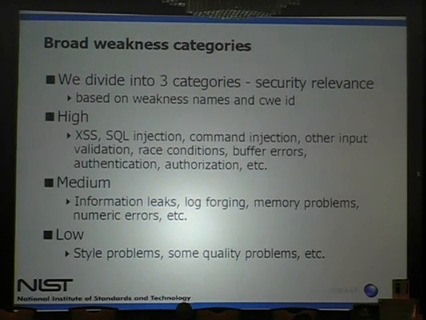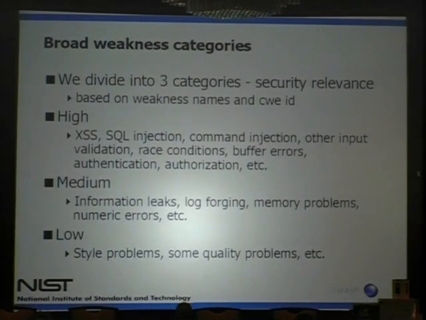So partly to make a better presentation and partly to simplify our analysis, we also divided the weaknesses into 3 broad categories based on security relevance. This is strictly based on the weakness name and CWE ID. So let's say in the high category, we put all XSS warnings, SQL injection, other input validation problems, race conditions, buffer errors, authentication, authorization, and so forth.